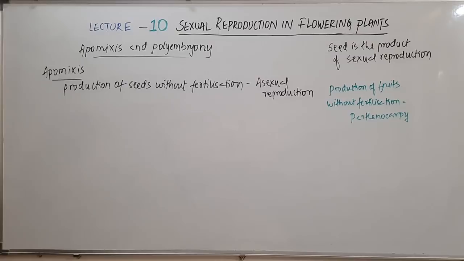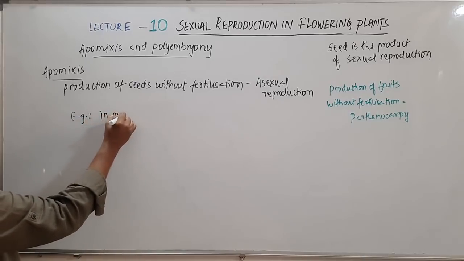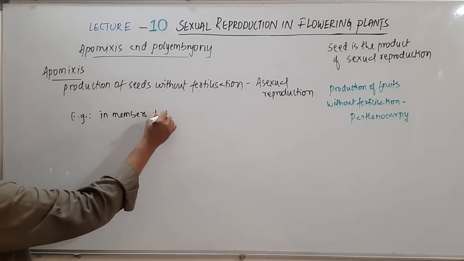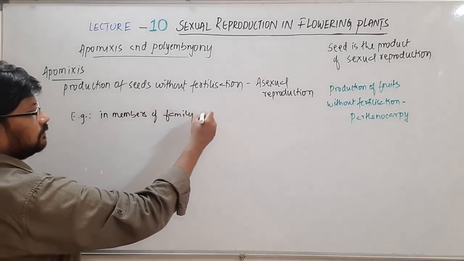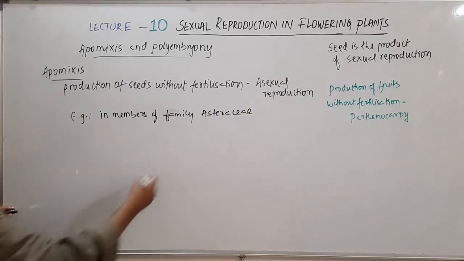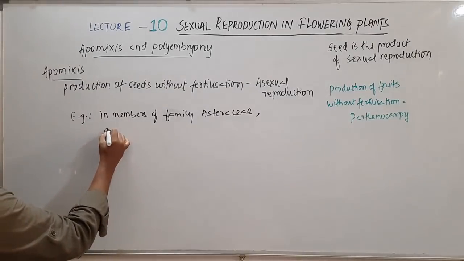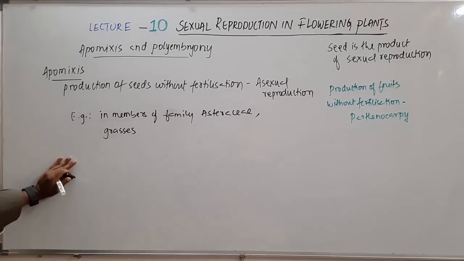You will see apomixis in members of the family Asteraceae, and also in grasses.